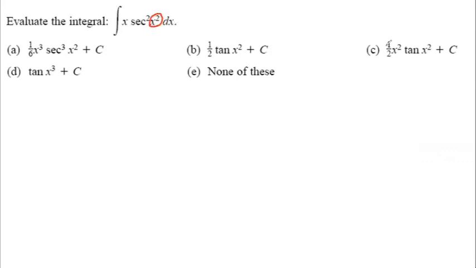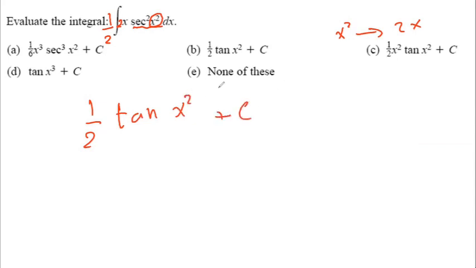So x squared, its derivative is 2x. Fortunately, we have x, so we need to multiply and divide by 2. So we have half outside the integration, and then we can apply the rule of sec squared, which is tan, and we keep the same angle, plus constant, option B.